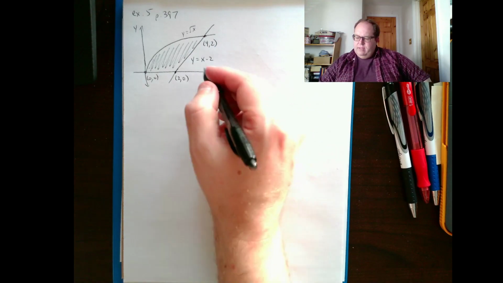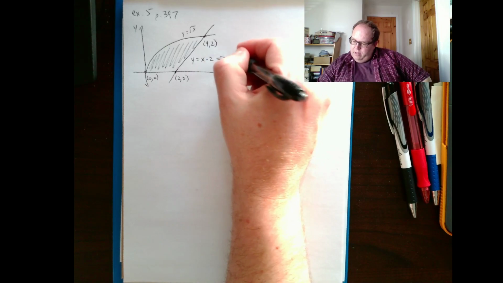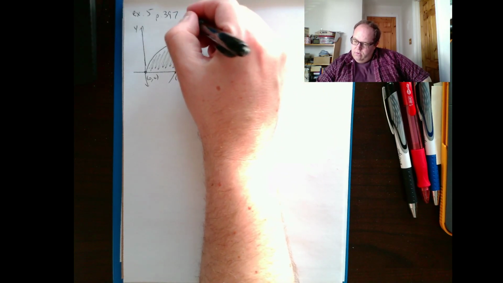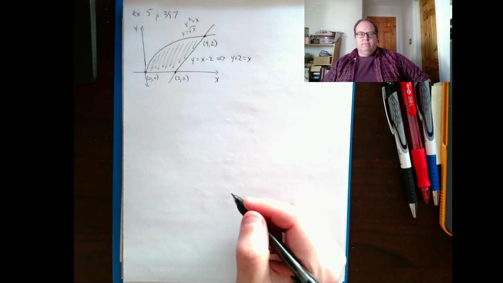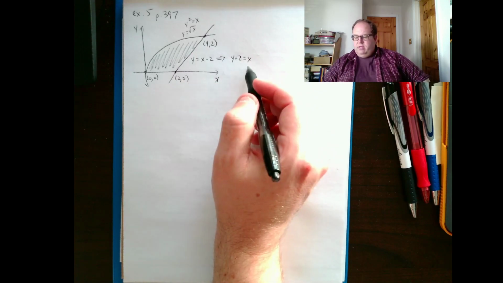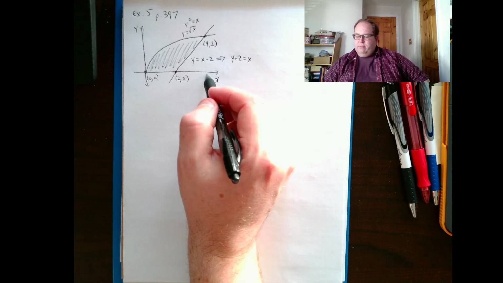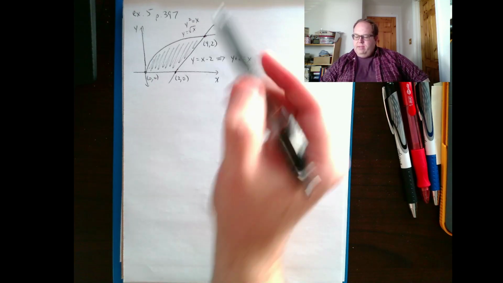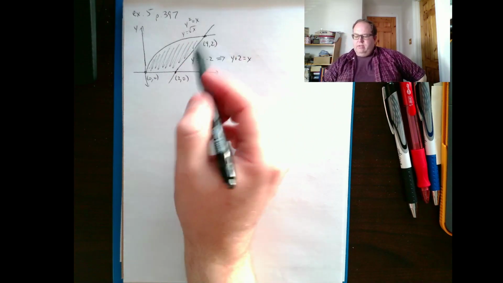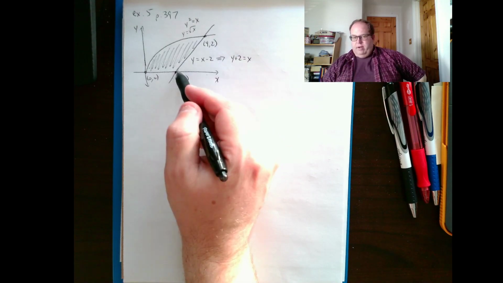But I'm going to rewrite these slightly. I'm going to rewrite this as y plus 2 equals x and y squared equals x. What that lets me do in rearranging the dependency here, I can actually integrate over variable y instead of variable x. And in terms of taking the upper minus the lower, now I can start to talk about taking the leftmost away from the rightmost.